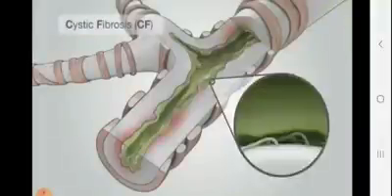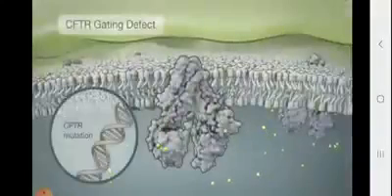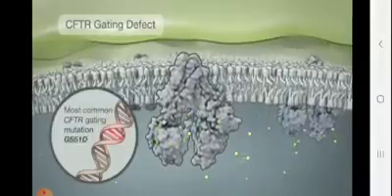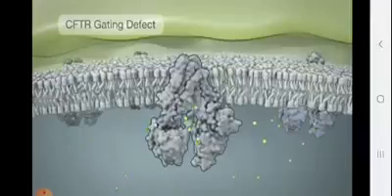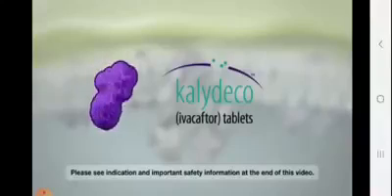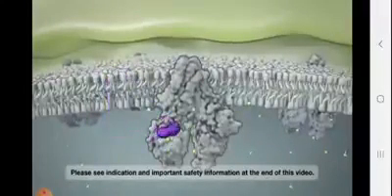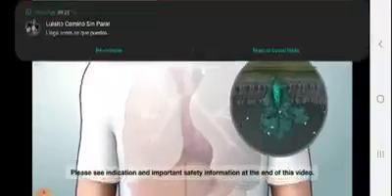As a result, thick, sticky mucus builds up in many organs. Some CFTR mutations can cause what's called a gating defect, where the CFTR protein channels are present at the cell surface, but fail to open correctly. Kalydeco is designed to keep CFTR protein channels at the cell surface open longer, to improve the transport of salt and water across the cell membrane.